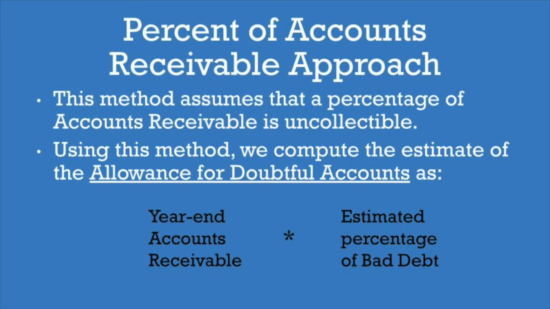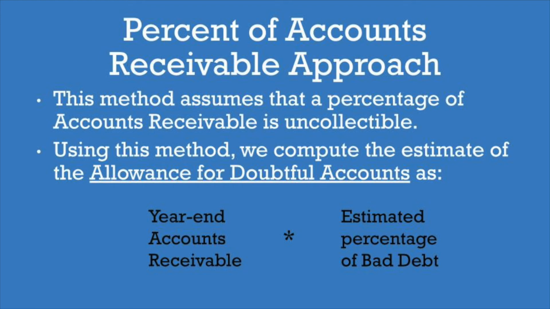So now let's look at each one of these in detail. First, the percentage of accounts receivable approach. What this method does is it assumes that a certain percentage of your accounts receivable will be uncollectible. A small percentage, hopefully, but a percentage nonetheless. And how we estimate it is very simple. We take our year-end value of accounts receivable and we apply an estimated percentage of bad debt.